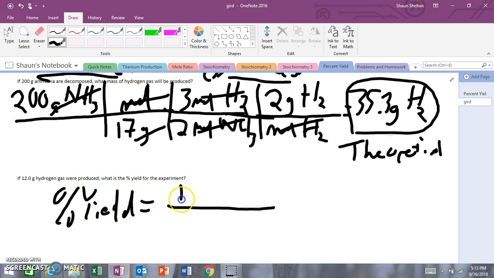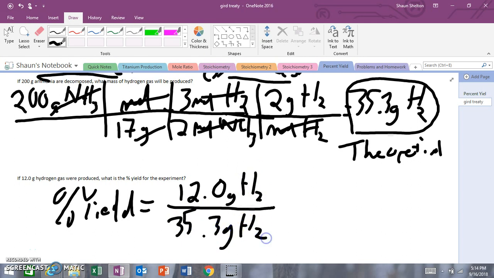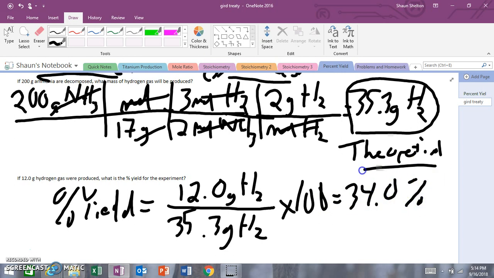So your actual yield was 12.0 grams divided by 35.3 grams, multiplied by 100. So that's going to be equal to 34.0% yield. So that's the answer to that question.